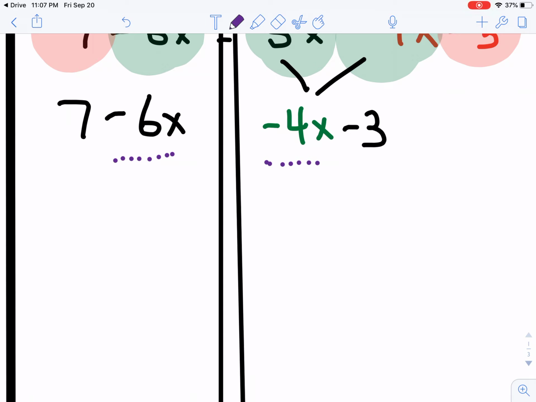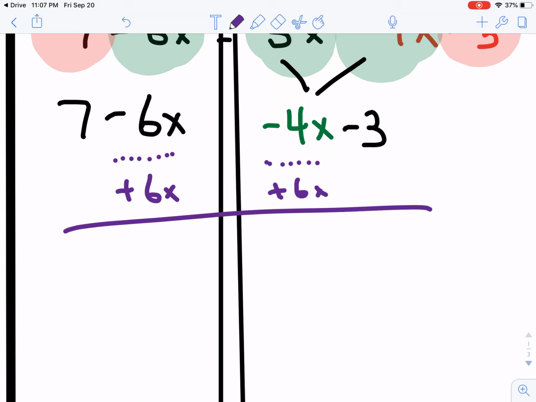And hopefully you would rather have $4 you owe to the library instead of $6. Okay, so negative 6 is a smaller value. So what we're going to do is we're going to add 6x to both sides.